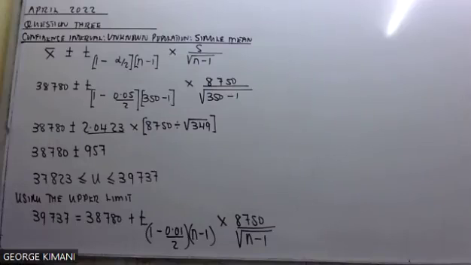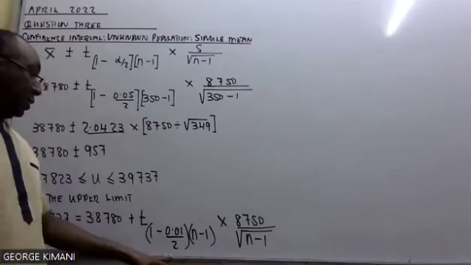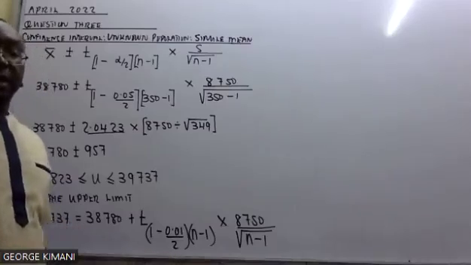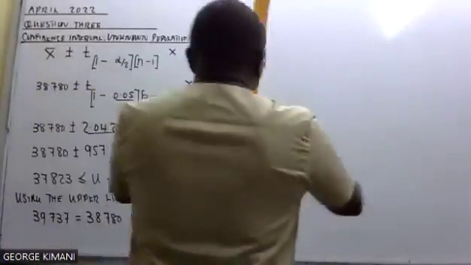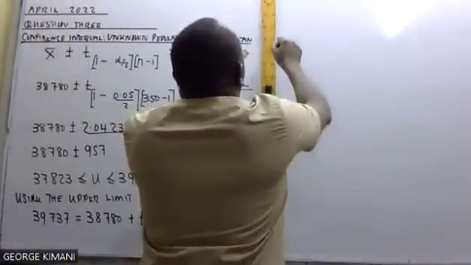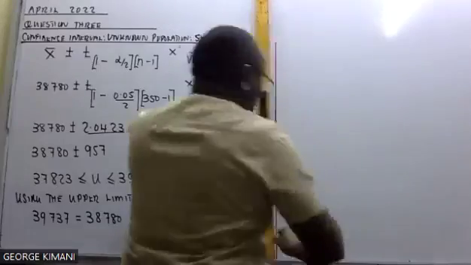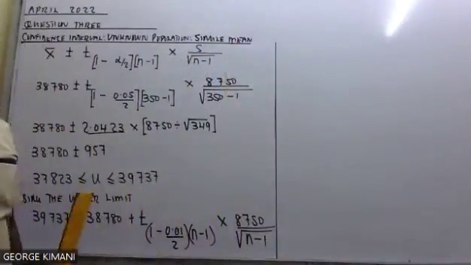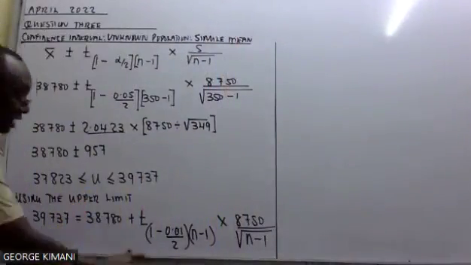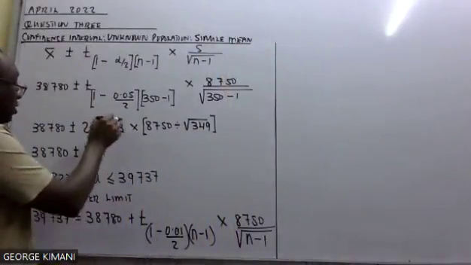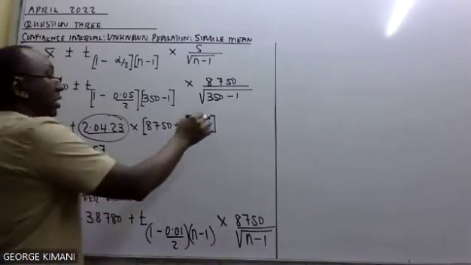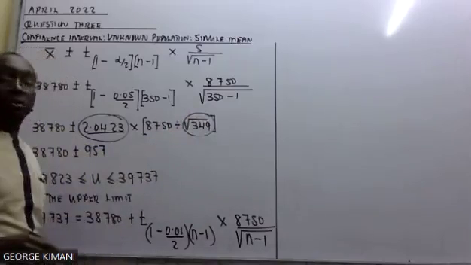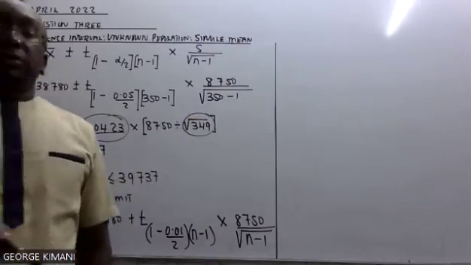Now, this equation as it starts is not solvable. Why? Because it has two unknowns and it is one equation. This value here, the 2.0, is unknown. Even this one is also unknown. So those are the two unknowns.